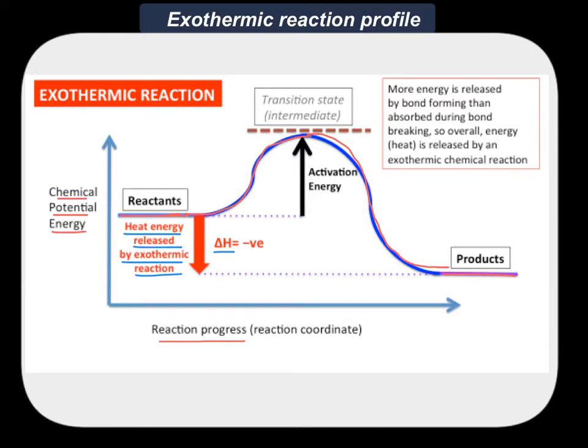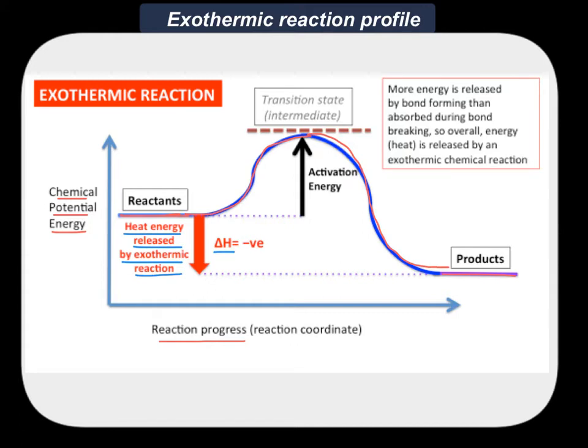Now we said in our last lesson that exothermic reactions have negative energy change values, and this reaction profile is really showing this. If you look at it carefully, you can see that the products have less energy than the reactants, so therefore heat energy has to be given out, hence it's an exothermic reaction.